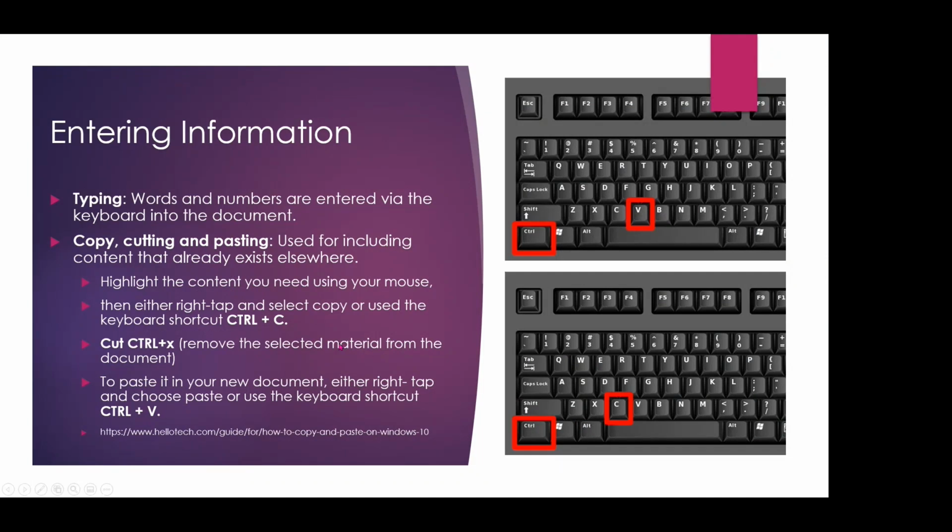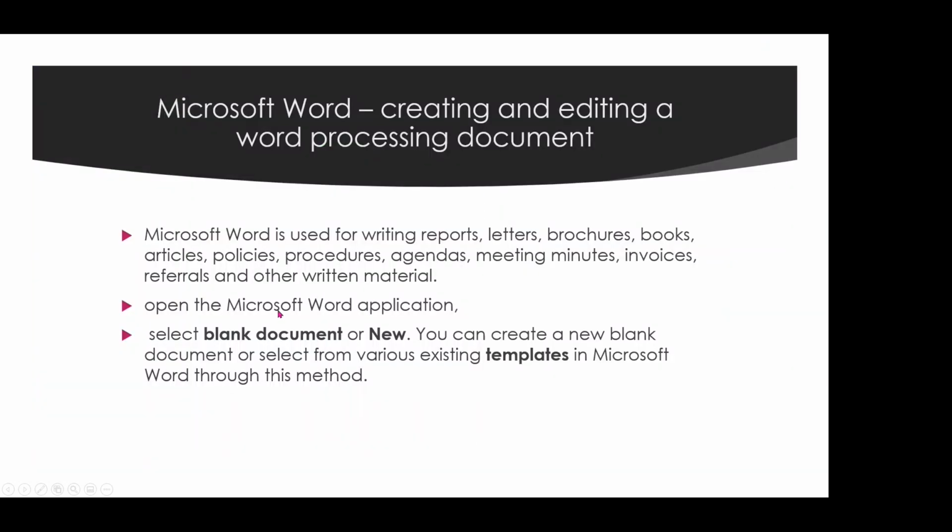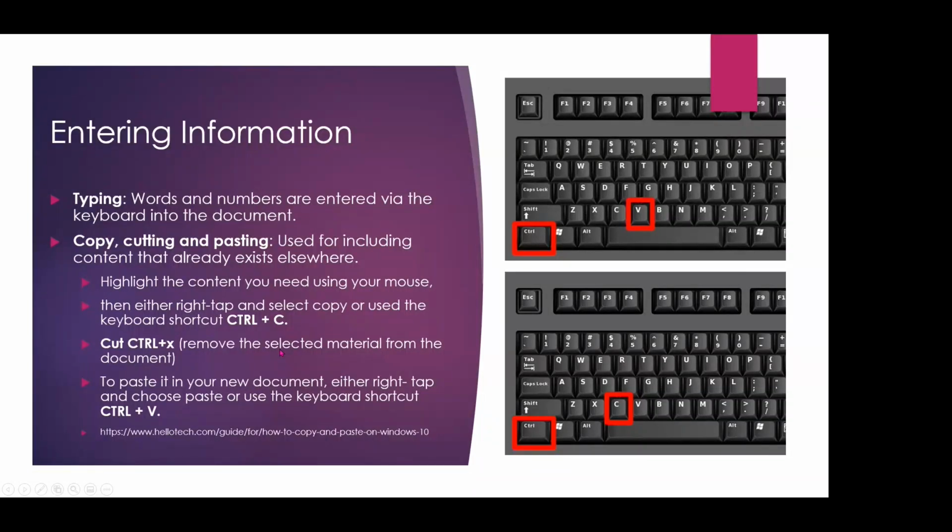I literally use them all the time, and they are some of the best shortcuts you will ever learn with regard to entering data. Control C is to copy information. You highlight the information, click Control C, and then you go to where you want it to go, and you put Control V to paste it.